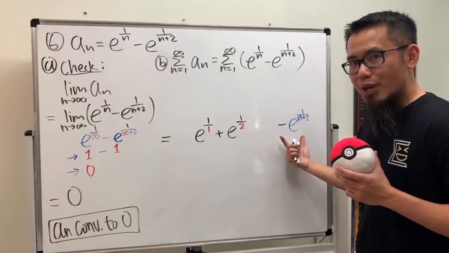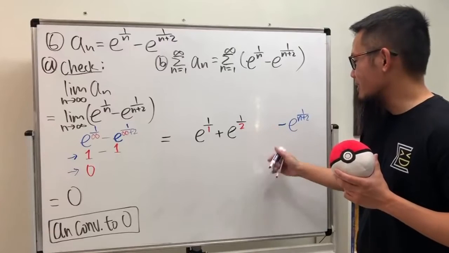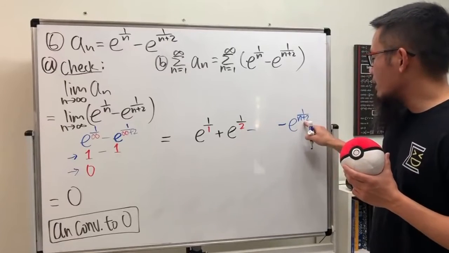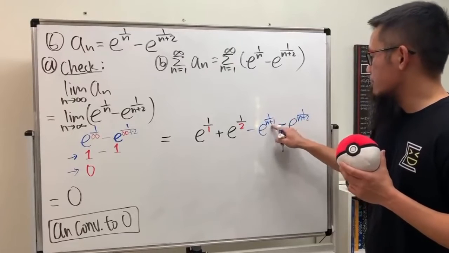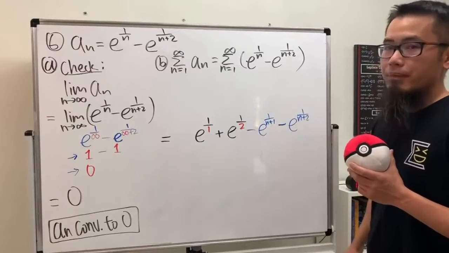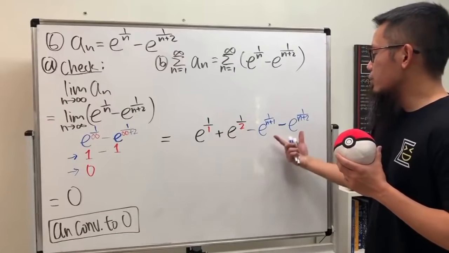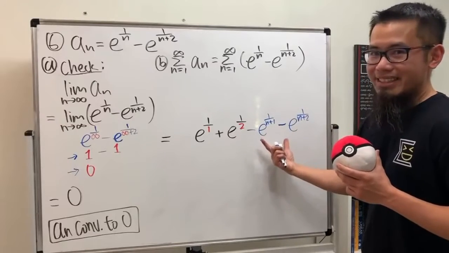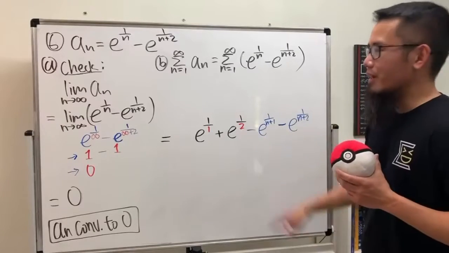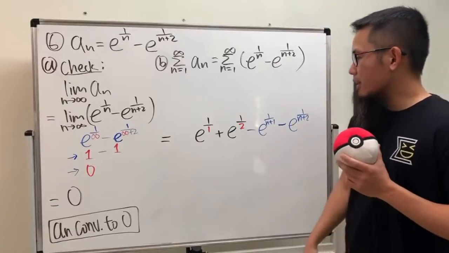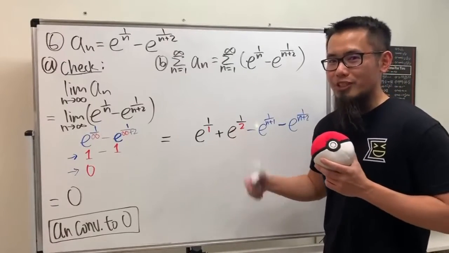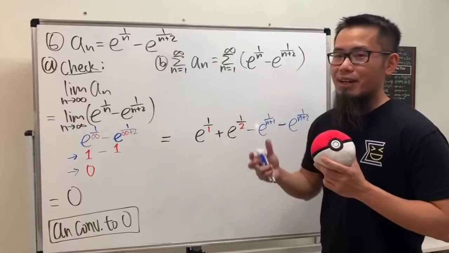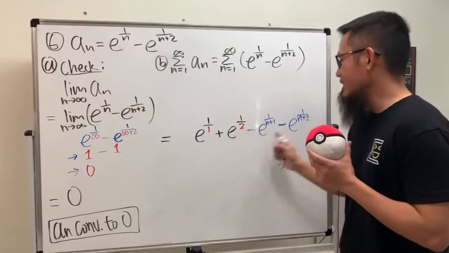You also have to write down the previous to the last term, which is just 1 less than this, which is e to the 1 over n plus 1. You just decrease this by 1. So 2 terms in the front and 2 terms at the end, like that. And I'll show you guys why this is true in a sec. So this is how you can write it down, and in fact, this is what we call the nth partial sum formula, especially when you have a telescoping series, right?